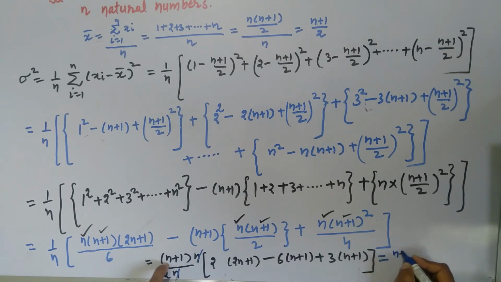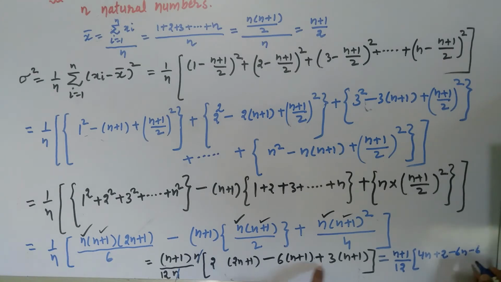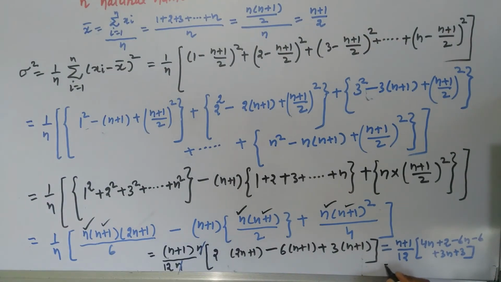This becomes n plus 1 divided by 12 into 2 into 2n is 4n plus 2, minus 6n minus 6 plus 3n plus 3, which is again equal to n plus 1 upon 12 into 4n plus 3n is 7n, 7n minus 6n is 1n, 2 plus 3 is 5, 5 minus 6 is minus 1: n minus 1.